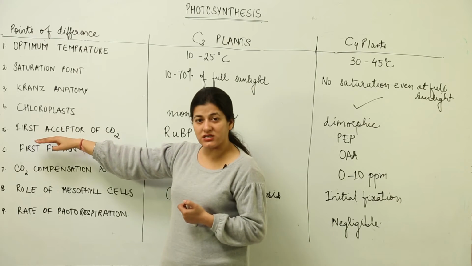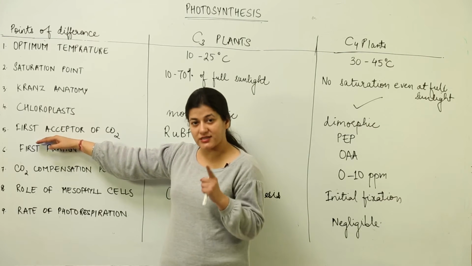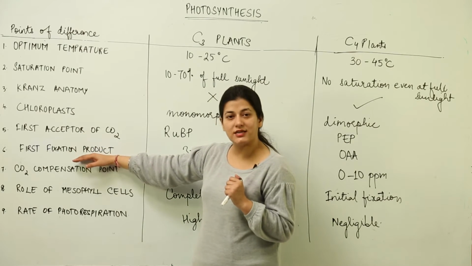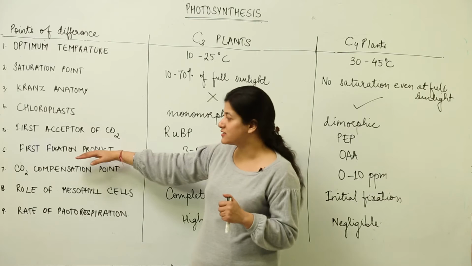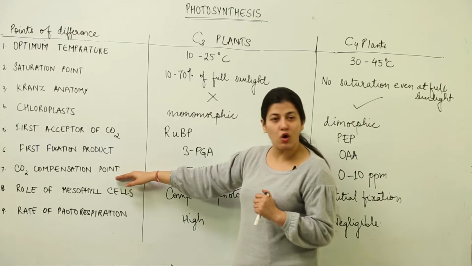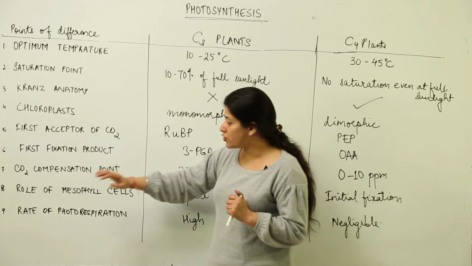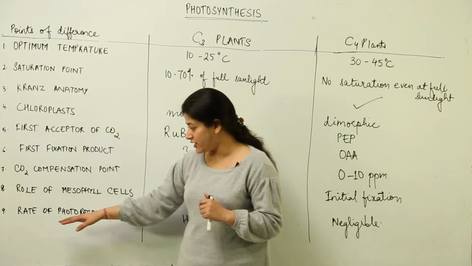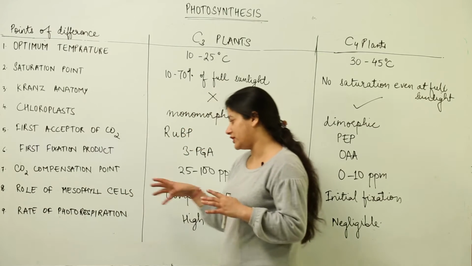What would be the difference in terms of acceptor of CO2? The first acceptor of CO2 would be different, how it would be different. The first fixation product which would be formed as a result of difference in the acceptors. Then we have the CO2 compensation point. The role of mesophyll cells would be different, and we are going to see how it is going to be different, and rate of photorespiration.